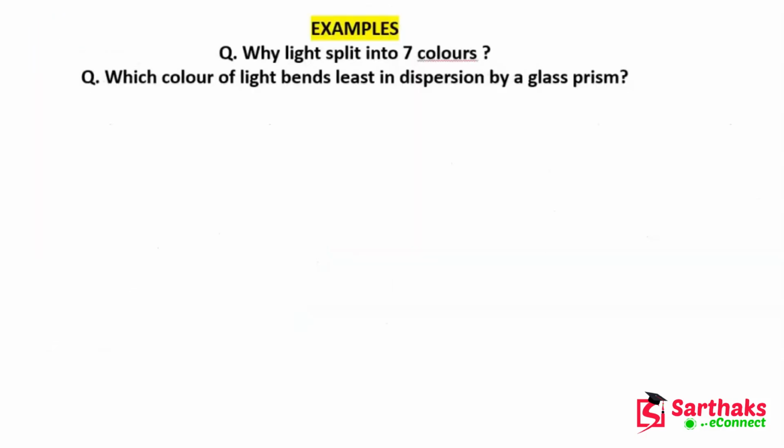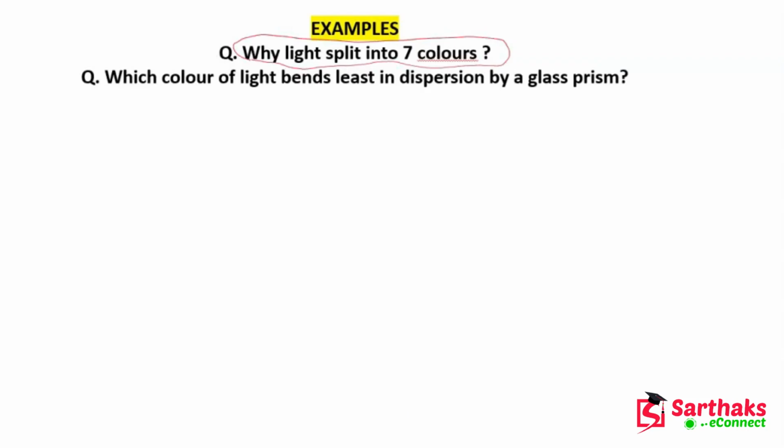So guys, here we are on the slide. Here we will discuss the examples. This is the first example: why is light split into 7 colors? What is the reason?